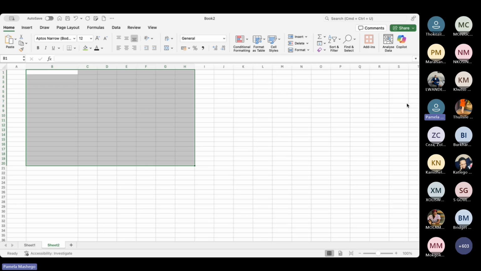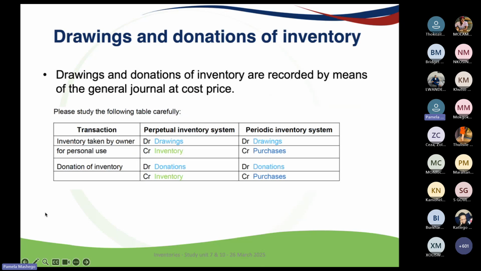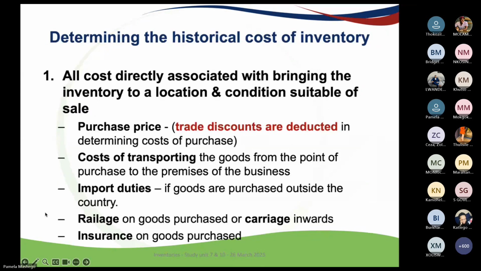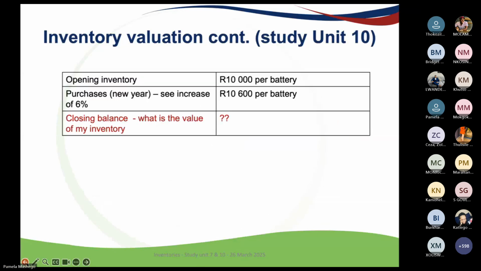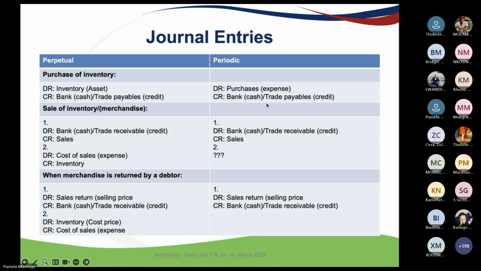Okay, let me go back to the slide. Referring to this, it says debit purchases expense.